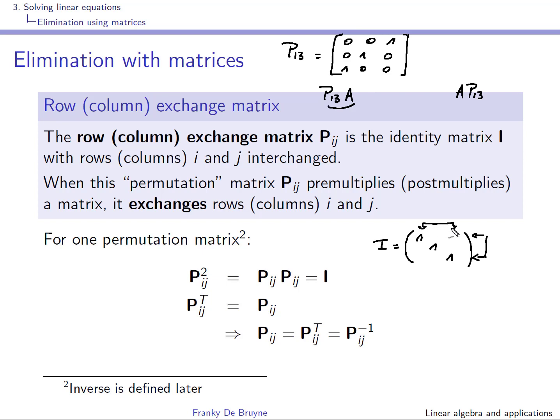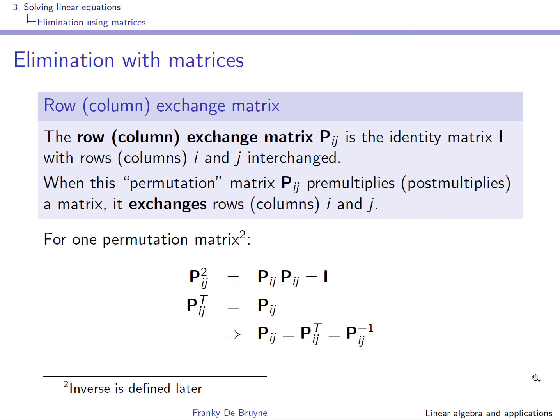Okay, and if you do this operation over here, what will happen is that you will obtain the matrix A with columns 1 and 3 that are swapped. So remember that Pij times A will interchange the rows i and j of the matrix A.